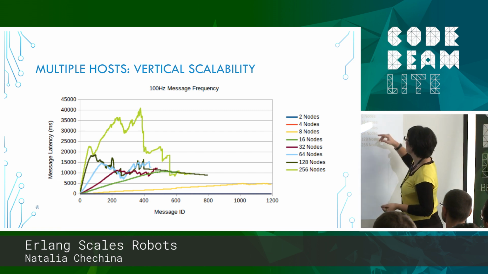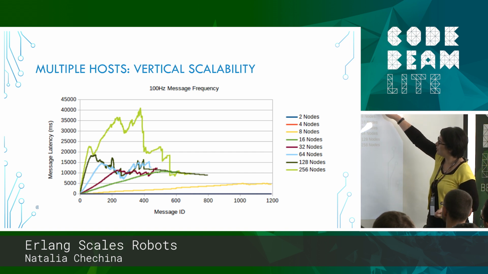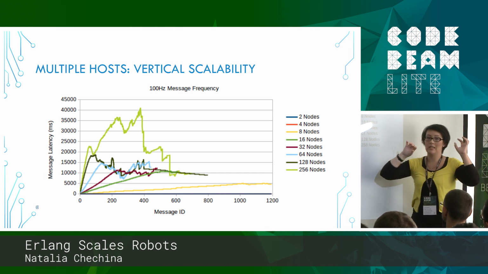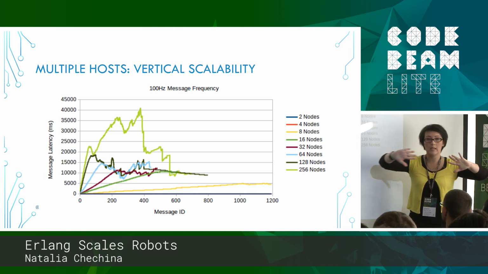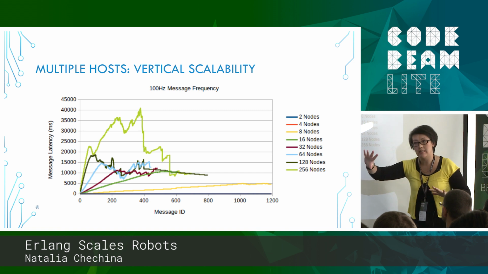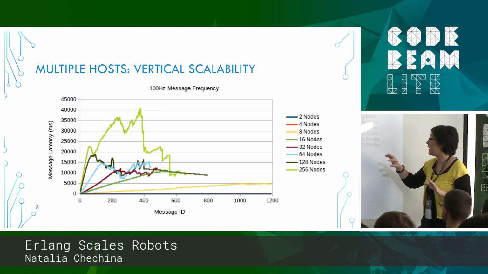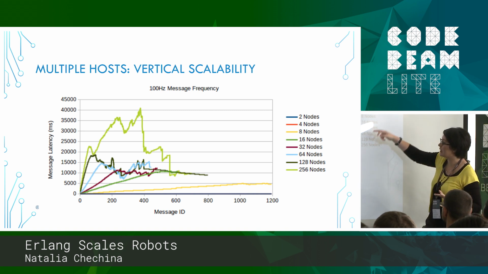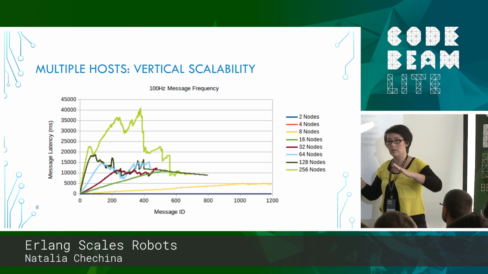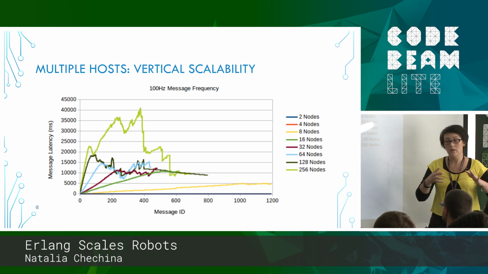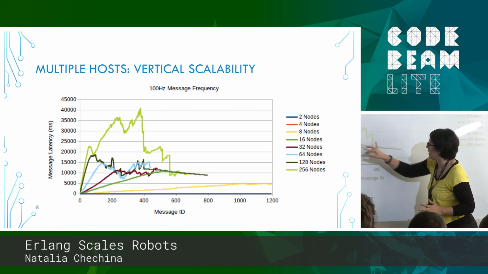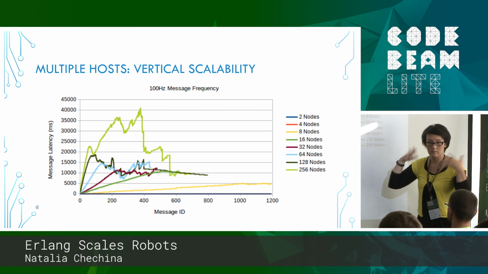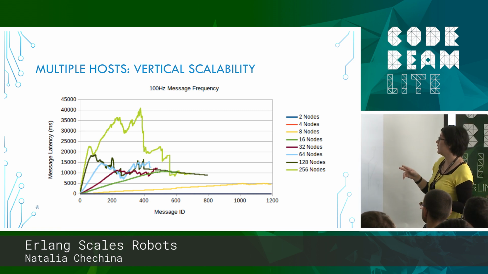When we have 2 nodes and 4 nodes, so 1 and 2 per robot, the latency is consistent, so everything is fine. As soon as we start increasing the number of nodes, the latency goes up, so it means that we have delays. And then at some point they just start breaking. There is a collapse, we can't do it any further.